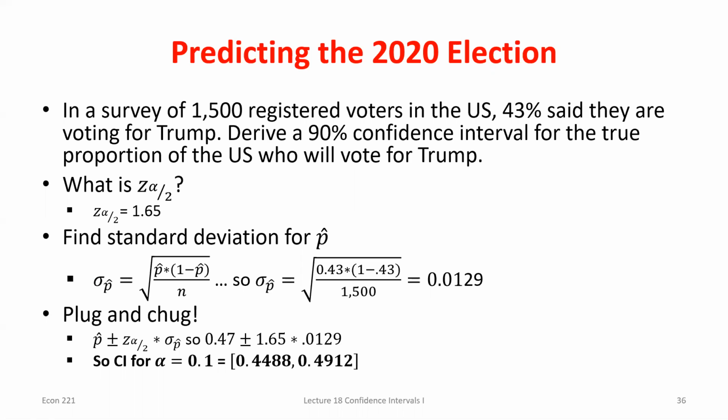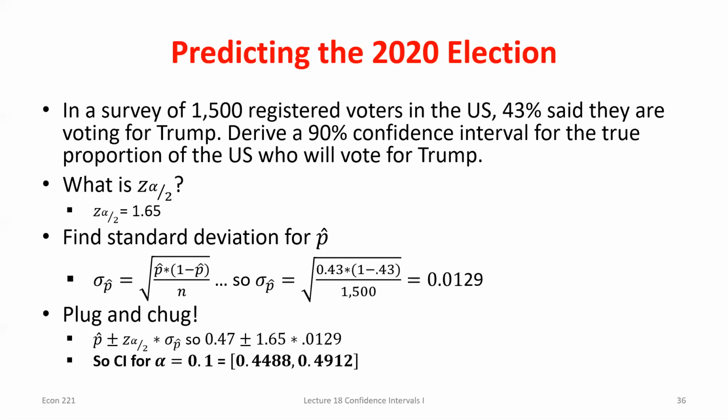Well, what am I wanting to find there? I need that in, say, one state, let's say Indiana. I want to know, will there be a higher population proportion of people that vote for Biden than Trump, or vice versa? So I would do this same exact thing. I would sample only people from Indiana.